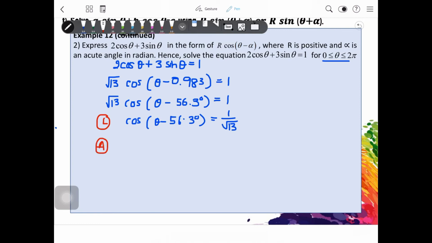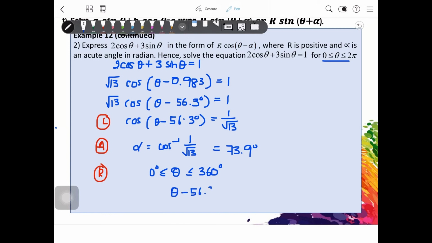The second step, A, the reference angle is cos inverse of 1 over square root of 13, which is 73.9 degree. The next one is range. At first we have 0 to 360 degree, but because now it's theta minus 56.3 degree, we're going to change this to negative 56.3 degree and 303.7 degree.